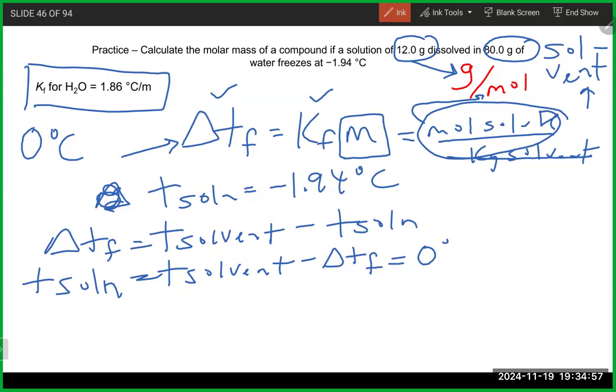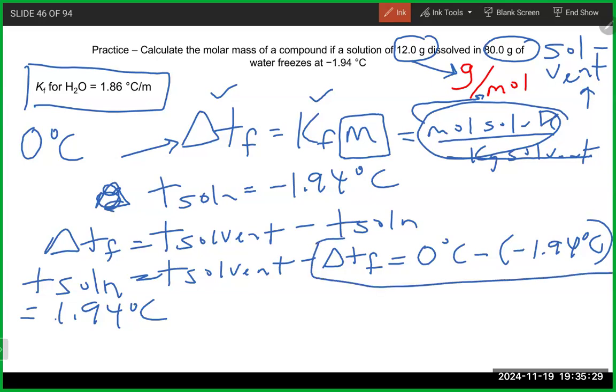So that's going to be 0 degrees minus a minus 1.94 degrees Celsius. That is how the negative goes away here. So minus minus gives us that our change in freezing point temperature is going to be 1.94 degrees Celsius.